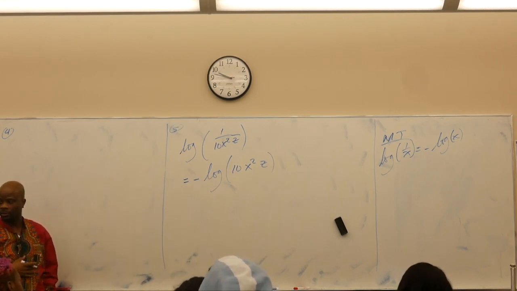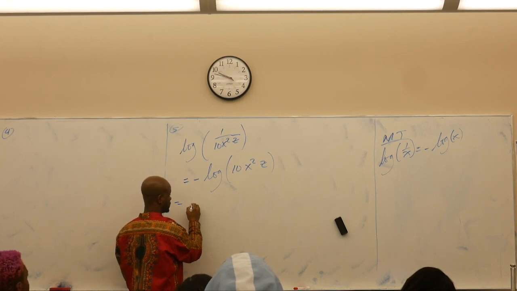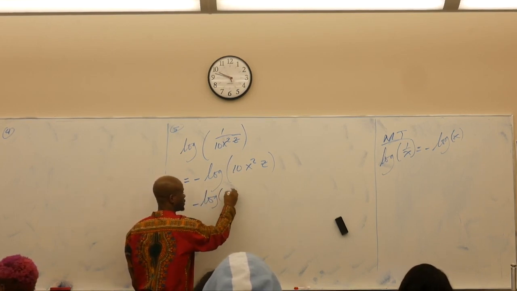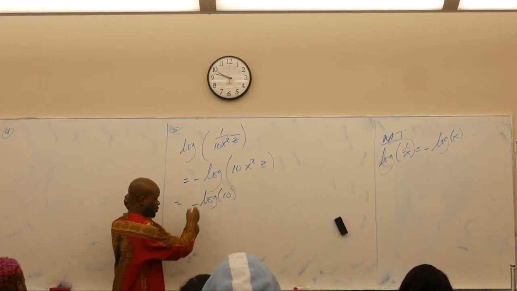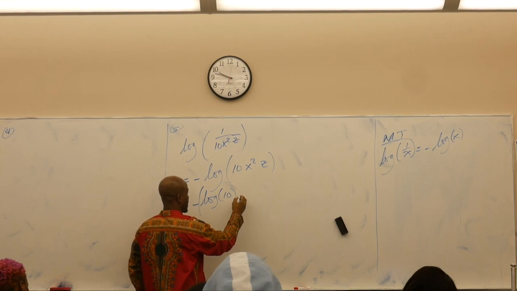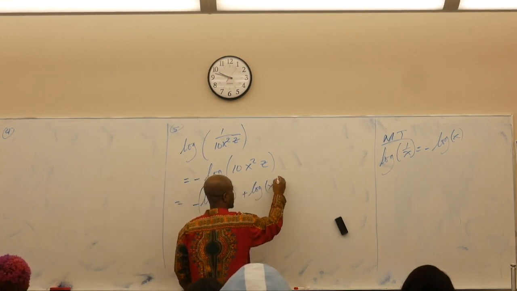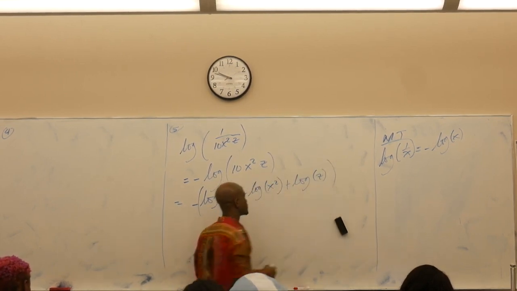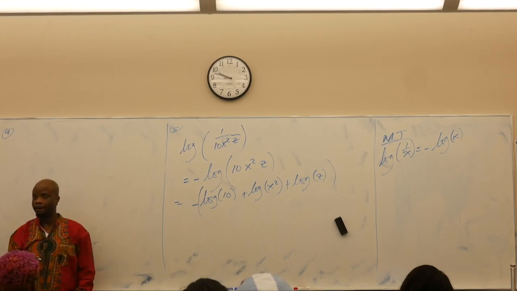Right? So negative the log of 10, because now it's all multiplication, right? So we'll keep this negative outside, plus the log of x squared plus the log of z, right?